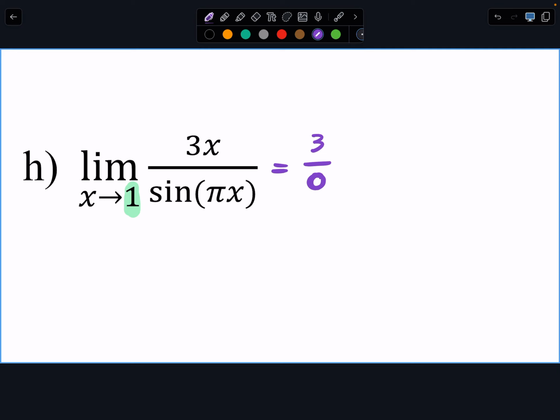Remember what happened at the points where sine was equal to 0 on the graph of cosecant? What type of asymptote? Vertical asymptotes, right? Like there's discontinuity.